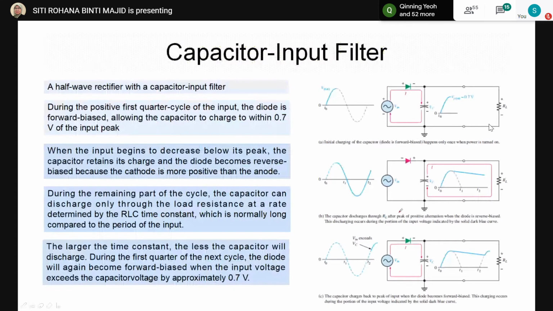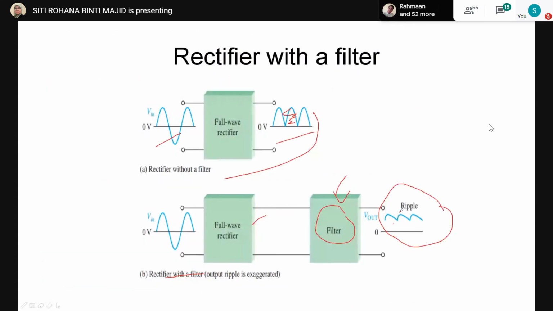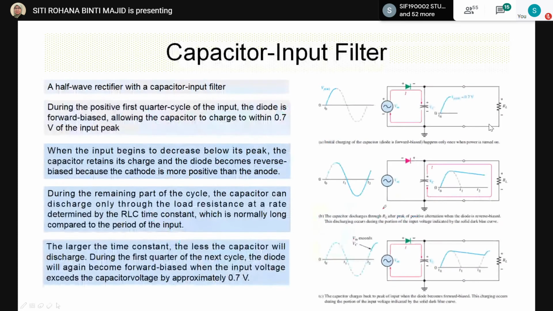So the rectifier with a filter is called a capacitor input filter. This type of device uses the same concept of full wave, but they attach a capacitor input to filter the signal from the rectifier before it goes to the load.